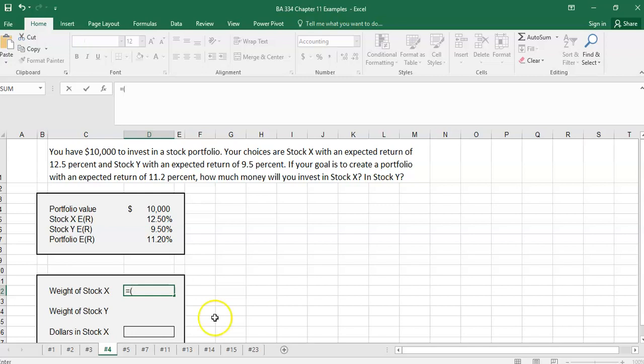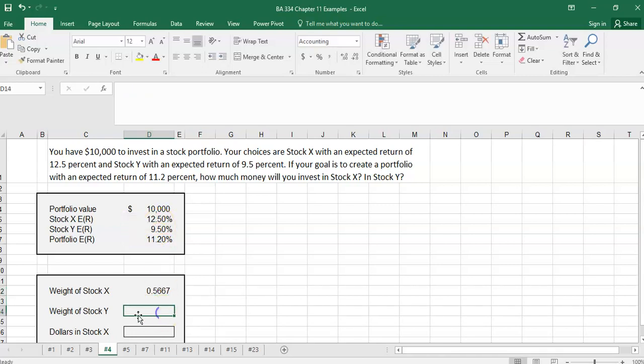So we have the portfolio return minus the stock return of Y divided by the stock return of X minus the stock return of Y.